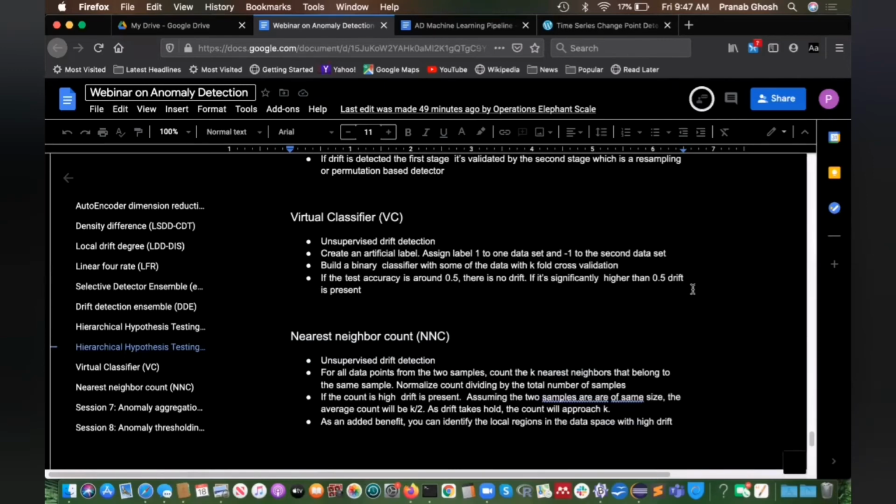Otherwise, if there is no concept drift, accuracy will be poor, because you have data sets coming from the same distribution, but you're artificially assigning different labels to them. You can never build a successful classification model because the two data sets are the same. That's why your error rate will be close to 0.5.